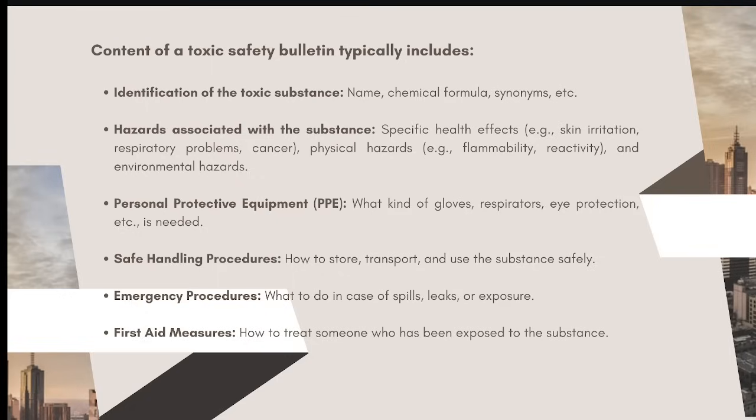For emergency procedures, what to do in case of spills, leaks, or exposures. There should also be first aid measures: how to treat someone who has been exposed to the substance.